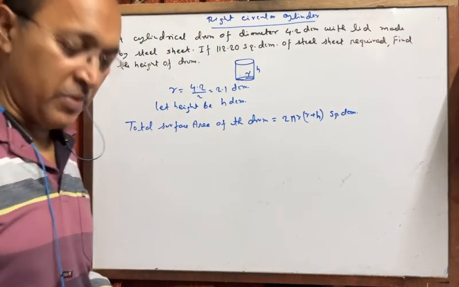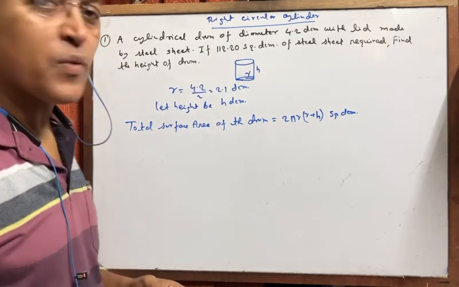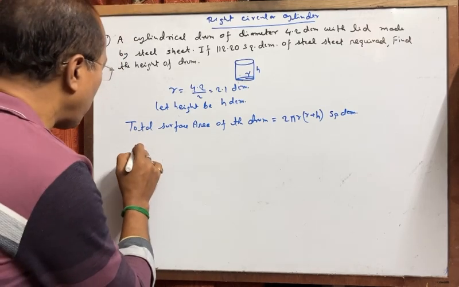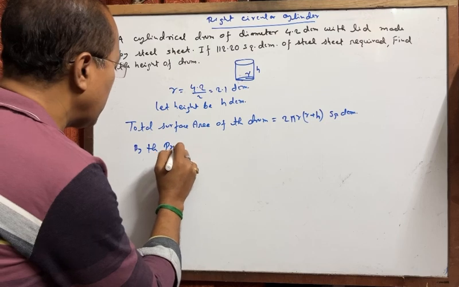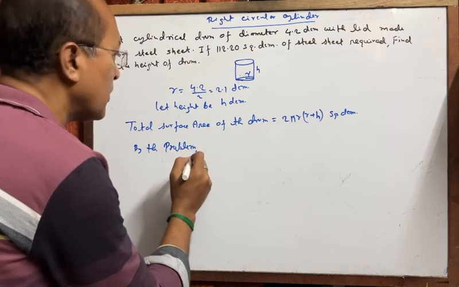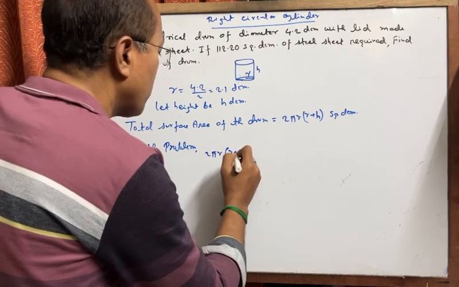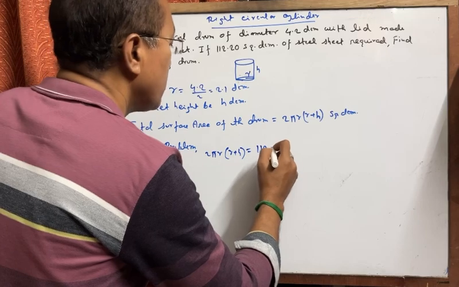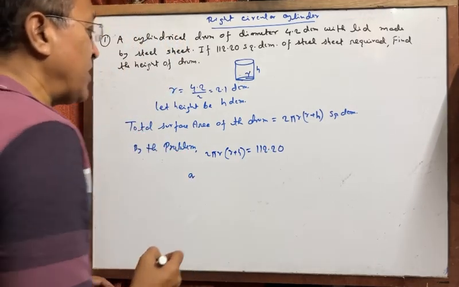What is given? 112.20 square decimeter steel sheet required, so by the problem we can write 2 pi r (r plus h) is equal to 112.20. Let's calculate to find h.